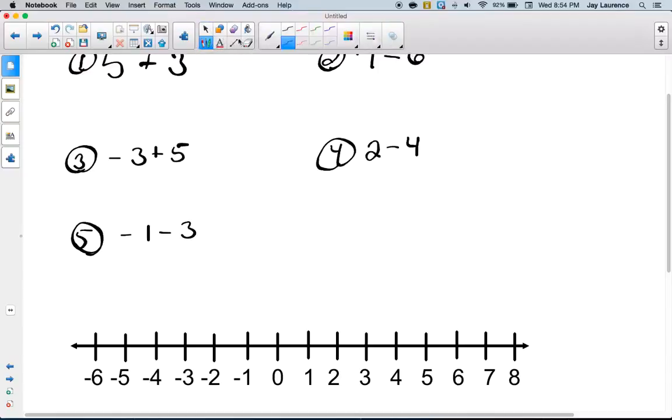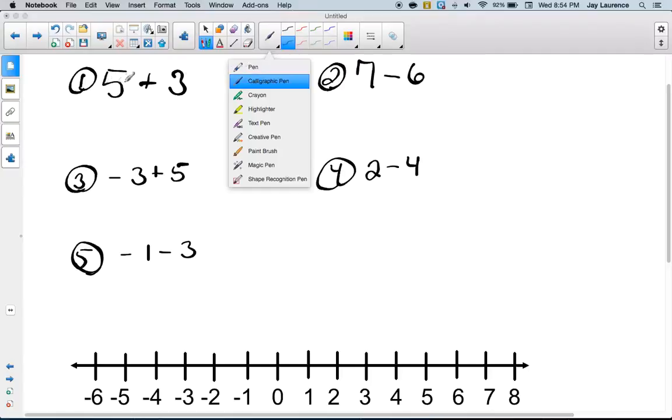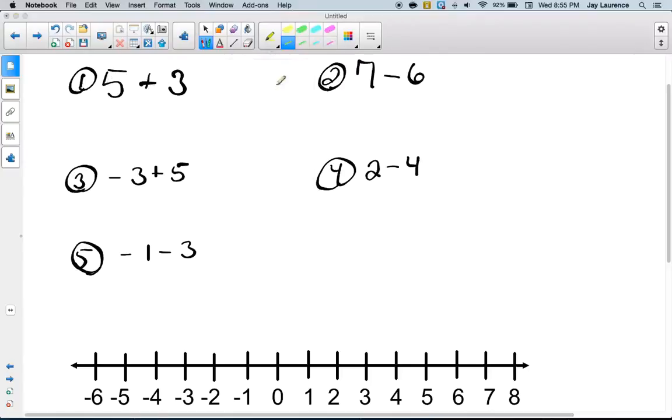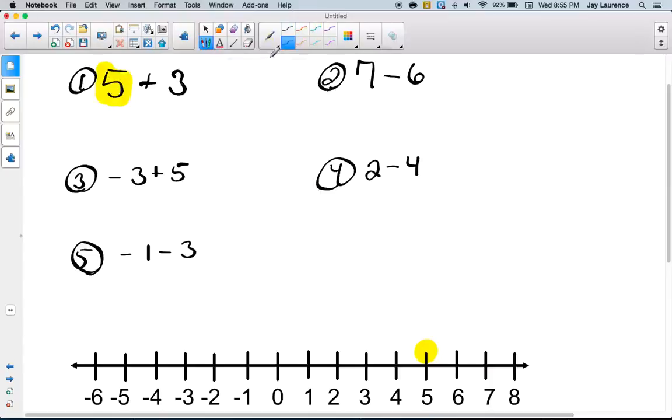So what we're going to do is I'm going to show you how to use a number line to work with integers regardless of what the sign is. So you see it says 5 plus 3. I'm only looking at the first problem there, 5 plus 3. So I am going to put a mark at positive 5. Why at positive 5? Because the 5 here is positive, right? Now on this number line, I'm going to move a certain number of spaces.